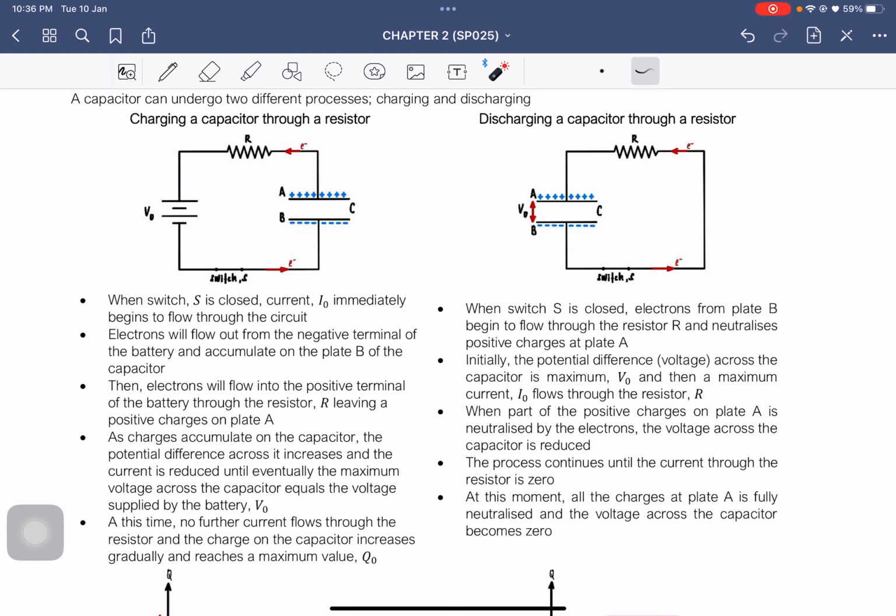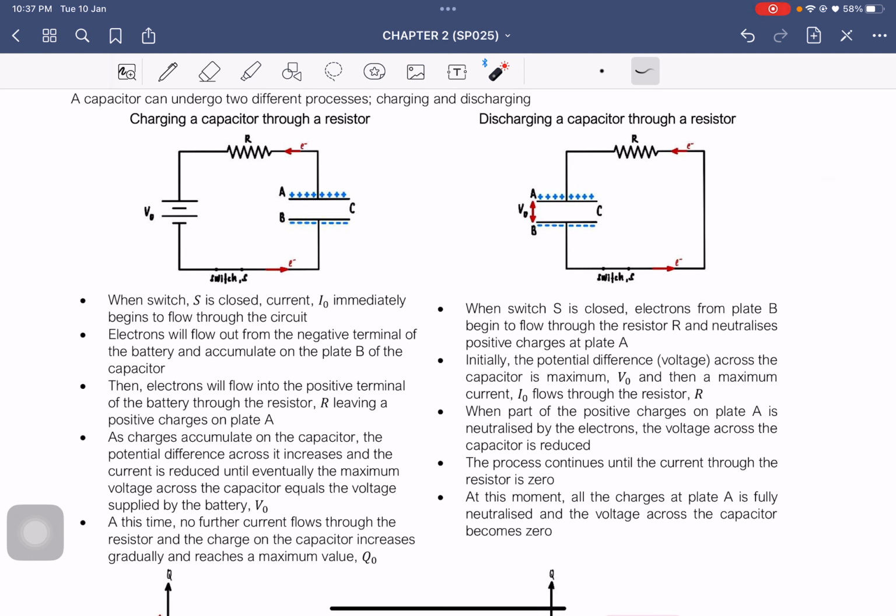Then, when part of the positive charge on plate A is neutralized by the electrons that are moving, the voltage across the capacitor will then start to reduce, okay? It starts to reduce because it is no longer being supplied, so of course it will decrease. So the process continues until the current through the resistor is 0. That's why when you do that, you start to discharge, it will move slowly, and then gets slower and slower, okay?